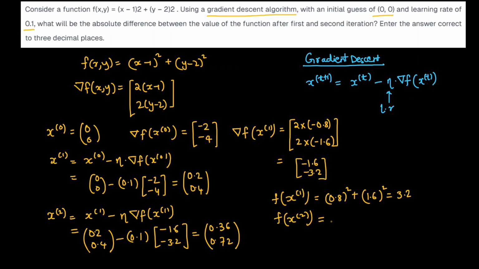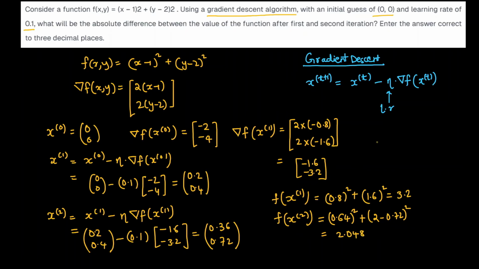And f of x2 will be 0.64 squared plus (2 minus 0.72) squared, which is equal to 2.048.